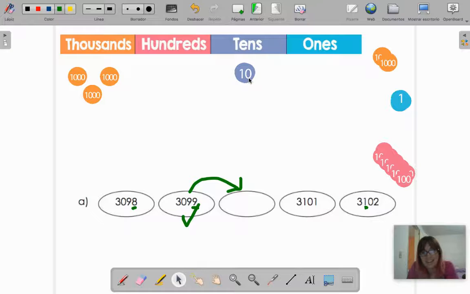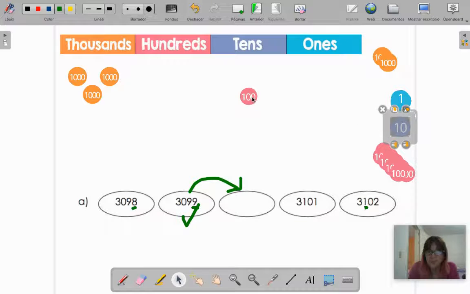And these 10 groups of 10 becomes one of these, 1 of 100. Okay, so let's take it out and we change it for 1 of 100. So now this goes here. And we are finished because here it's okay. I can have 1 and here I can have 3.